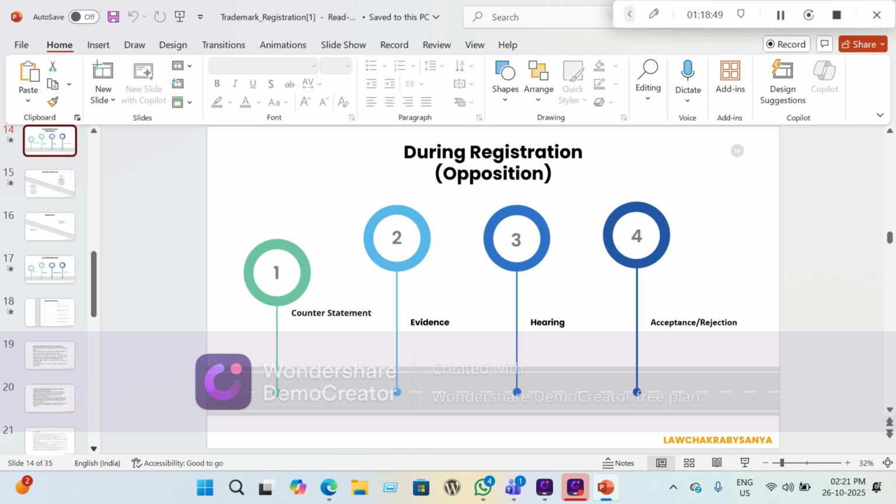After the hearing, if the registrar is satisfied that the application should move forward, they will accept it and register it. Otherwise, they will reject it. So this is another layer of scrutiny that you must be wary of. There can be opposition proceedings. Now, we go on to the next slide.